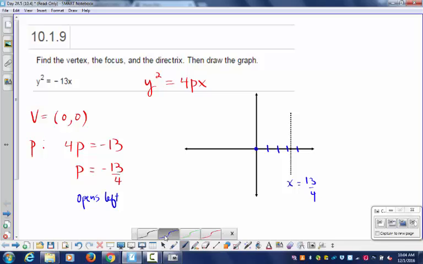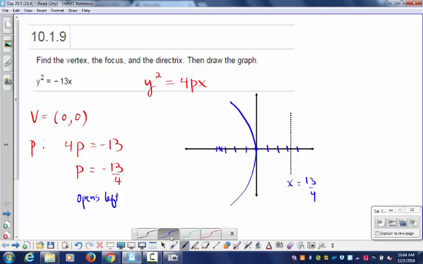So it's the absolute value of P that's giving you those distances. And then similarly, we go to the left, 1, 2, 3, 4. The focus is going to be between 3 and 4 away, so the focus is right in there. And then the parabola will open this way. There is our situation.